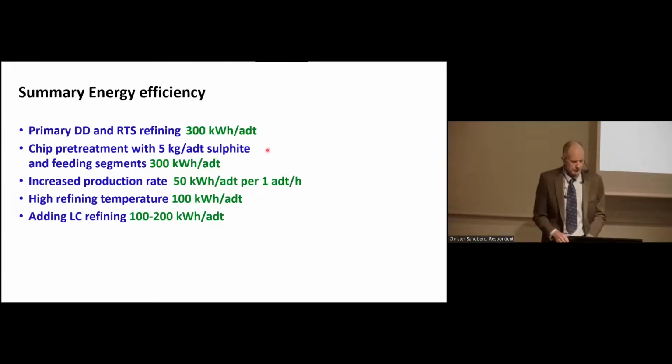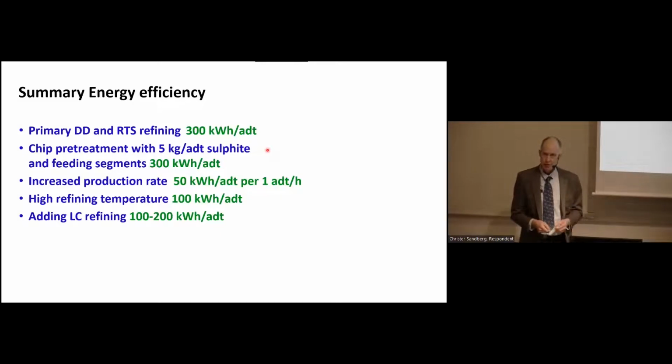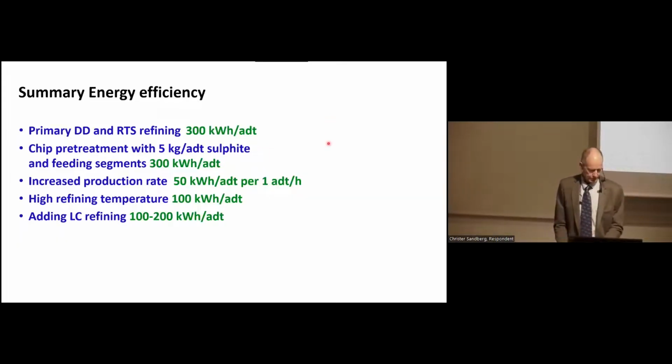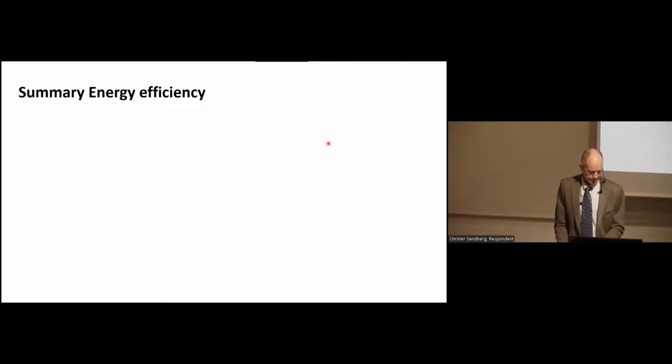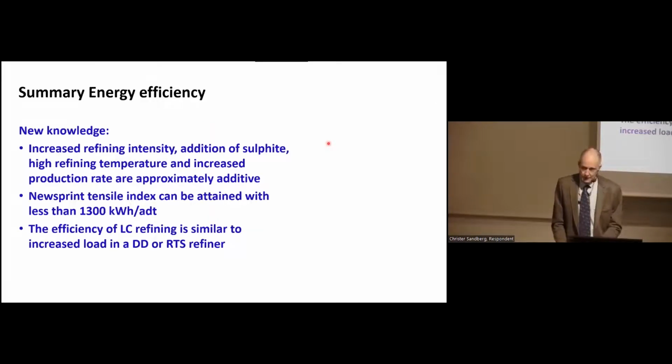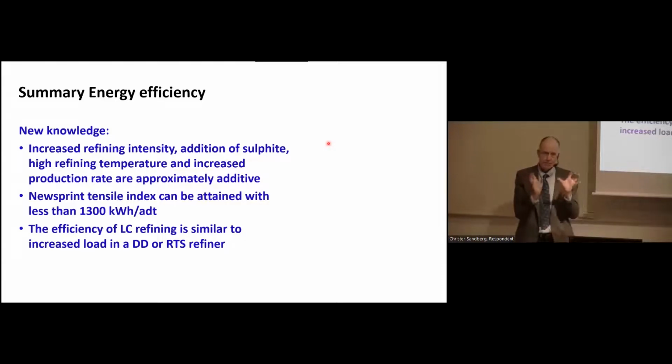So summing up, high intensity refining is important to reduce the energy consumption. Sulfite adds to it, increased production rate, high refining temperature, and LC refining all contribute to reduced energy consumption. And what is new knowledge, I mean, all these pieces have been studied before, but to my knowledge, this has never been combined, all these aspects, all these approaches at the same time in full scale.